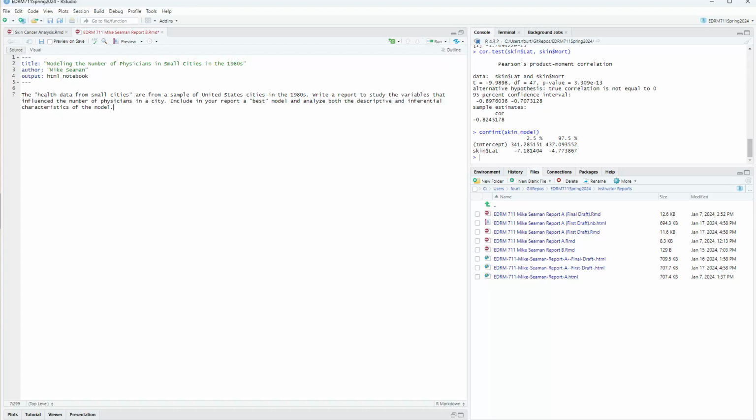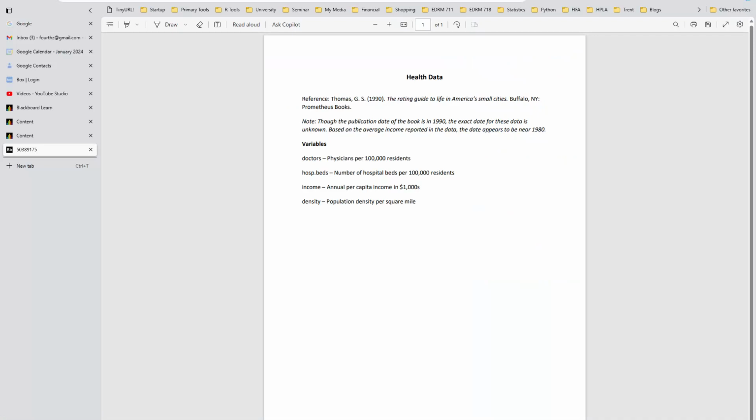What is responsible for that variation in the number of physicians? I'm going to include in the report a quote-unquote best model. That is, I'm going to look based upon the data for a model that seems to work well, analyzing both the descriptive and inferential characteristics of the model. All right, before we go further, let's take a look at what the variables are. We have a variable called doctors, which is the number of physicians per 100,000 residents.